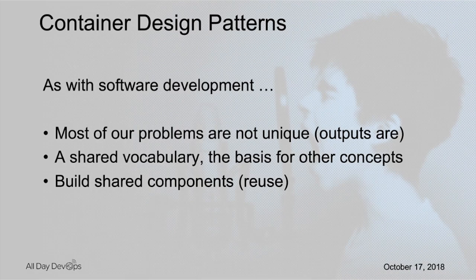Our problems are not unique. Someone already had this problem before. So the difference is what are the outputs? What are we doing with all of the pieces that we have in our space, that we can create something different that is going to be unique? Actually, the outputs are going to be unique, but not the problems.